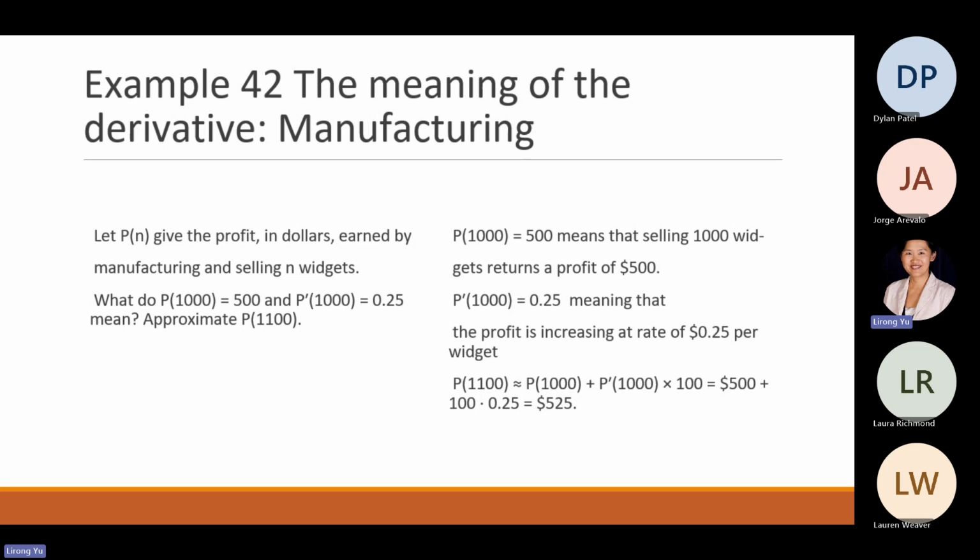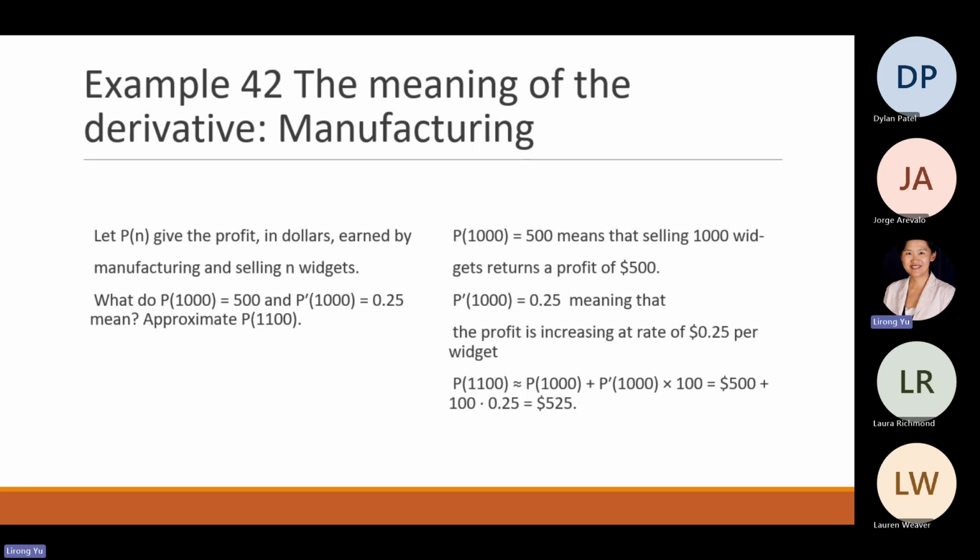That's going to be multiplied by the actual change in number of products. So that will be 0.25 times 100, which gives us $25 more. So the calculation will be 500 plus $25, that's $525 profit. So making more than 1,000, the profit increased. Any questions?